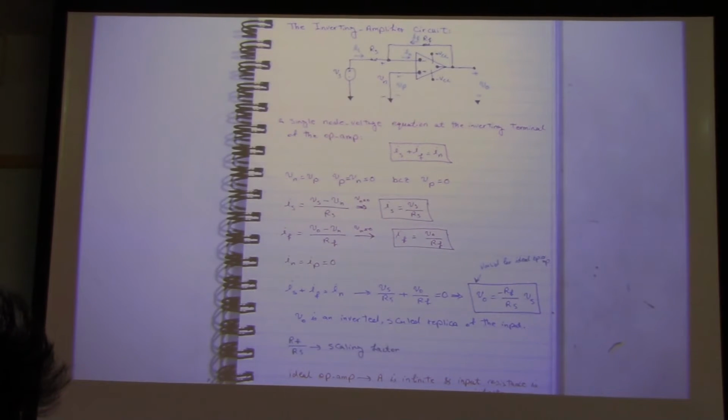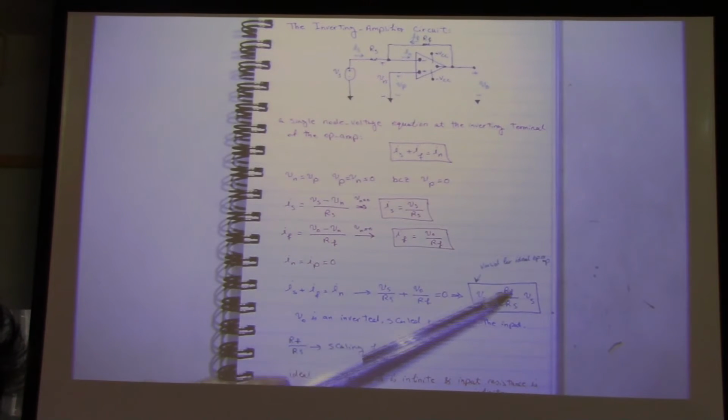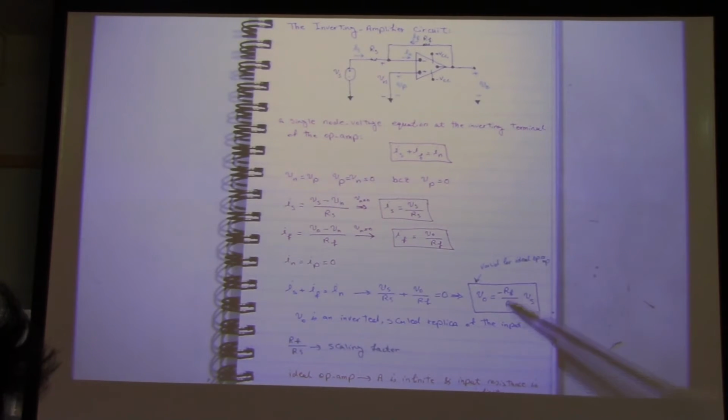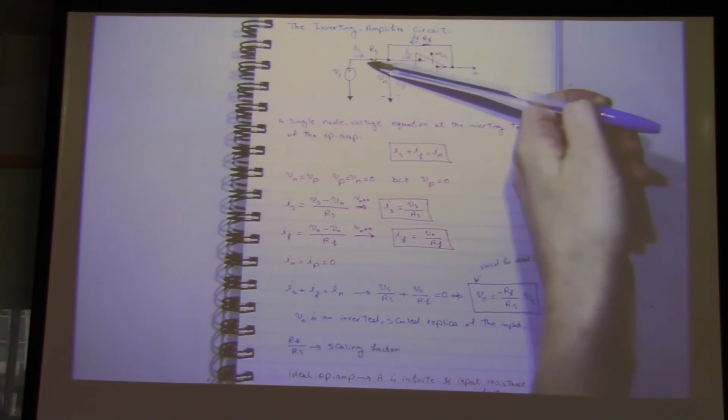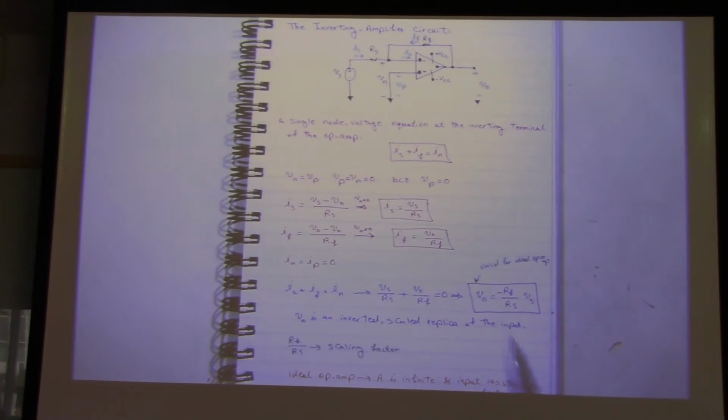That's why we call it inverting amplifier. Is that clear? Yes? So what is the scaling factor for this one now? Rf over Rs. So our scaling factor over here is this one over this one. Question?